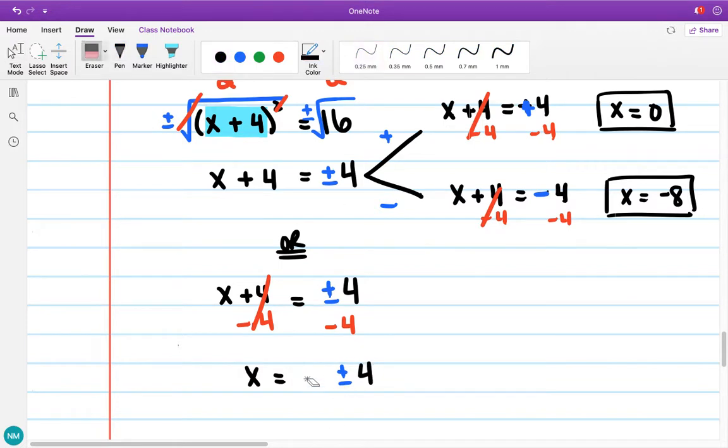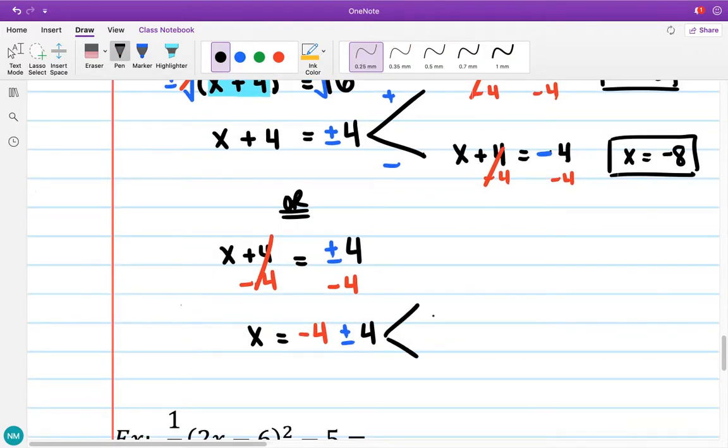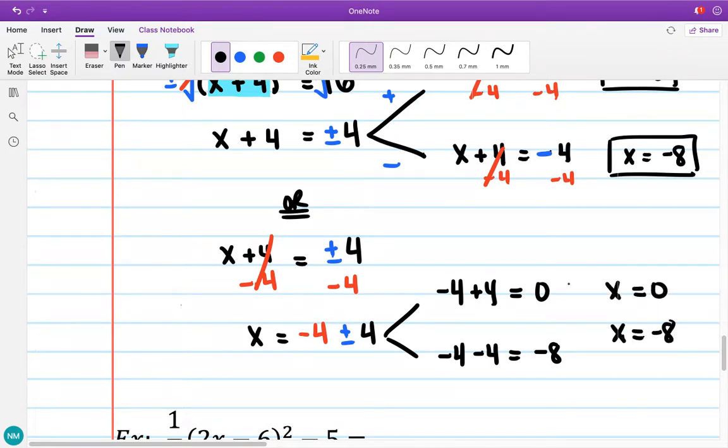This negative 4 right here is the red. And so I get negative 4 plus 4 and negative 4 minus 4. Negative 4 plus 4 is 0, and negative 4 minus 4 is negative 8. So x equals 0 and x equals negative 8.